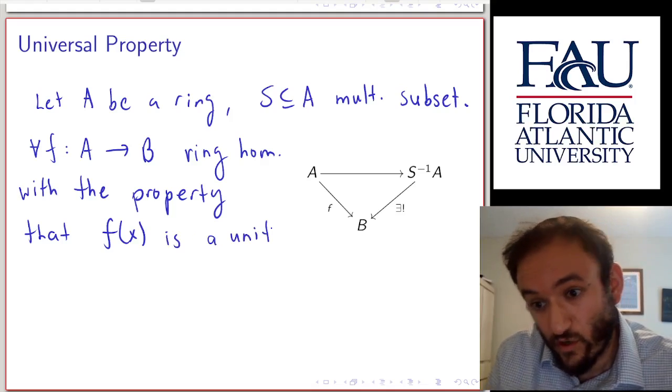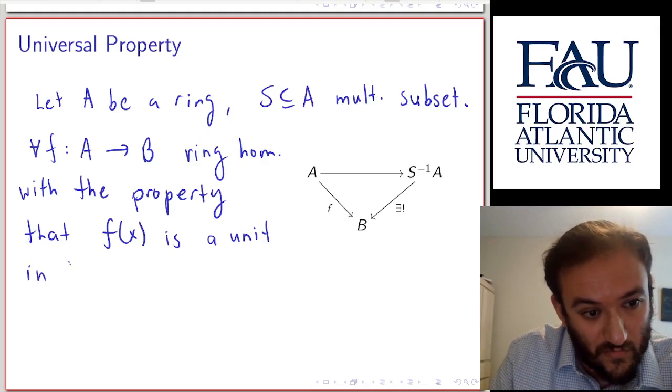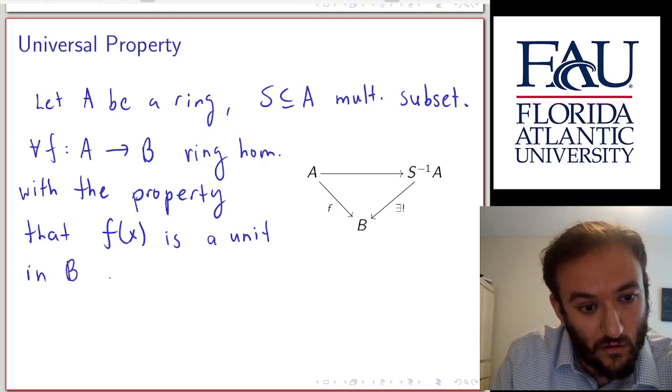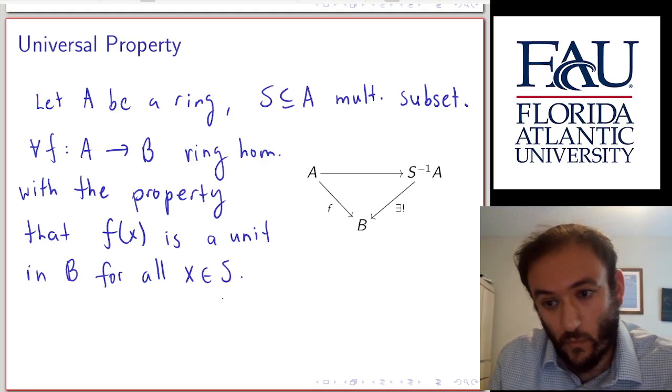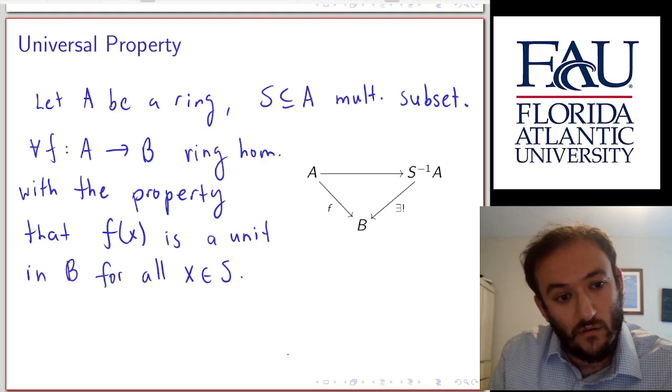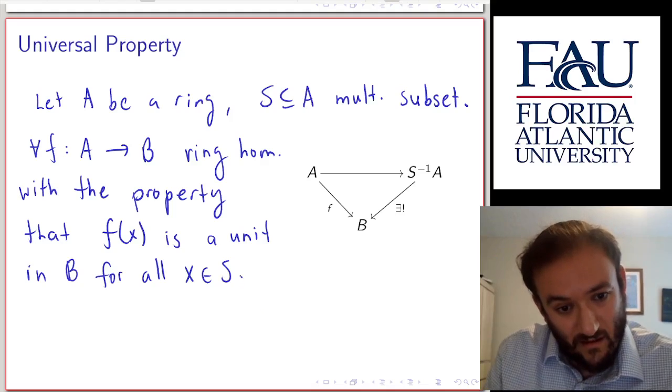In other words, it's invertible in B for all x in S. Okay? So this is the property that f has.